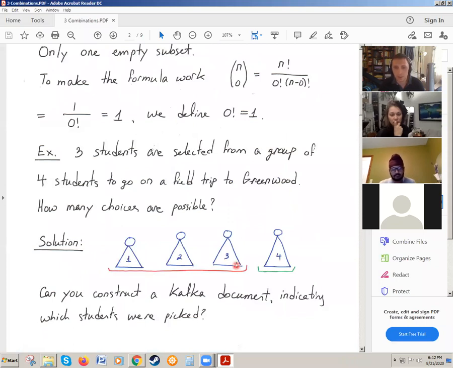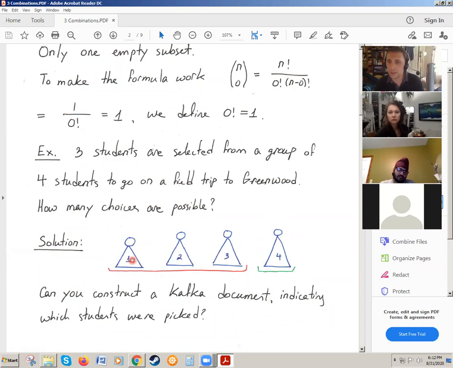What we have here is altogether there are 4 factorial permutations. You agree? 4 factorial ways to put them in a line. But once you put any permutation in a line, 3 of the elements in this line are in the red tray and 1 element is in the green tray. The green tray means not selected. Now, the elements that are within the red tray can be rearranged with one another.